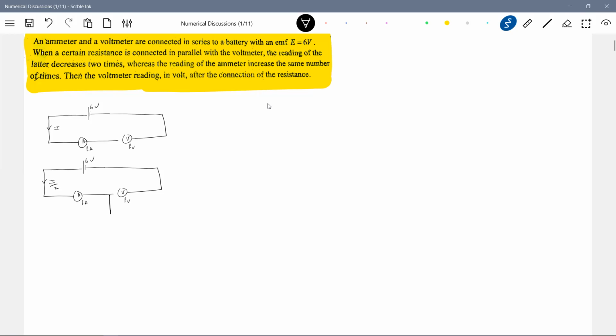Here, when I connected some resistance, the reading of the voltmeter decreases by 2 times. So it is having some drop, say V, now it has become V by 2.